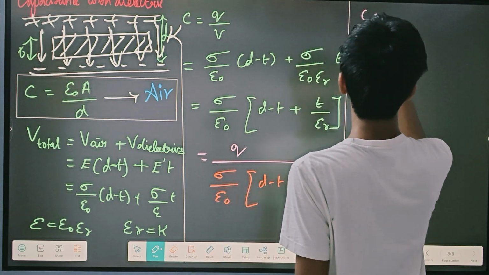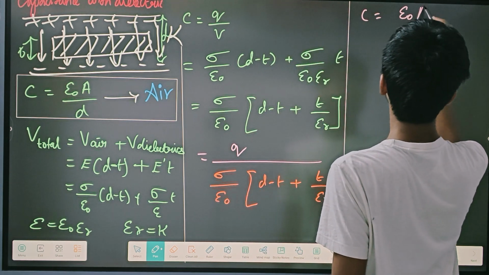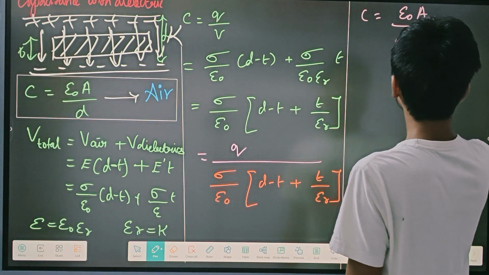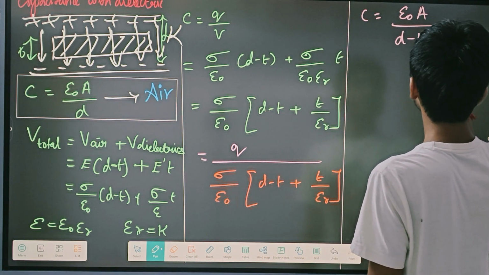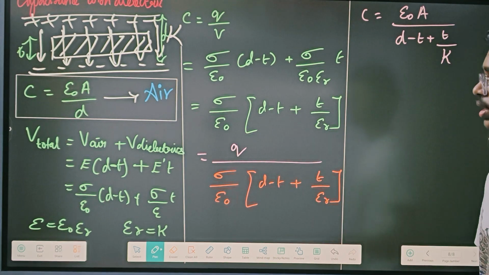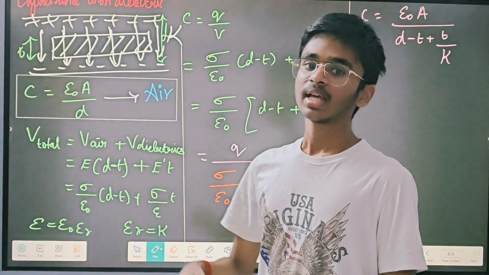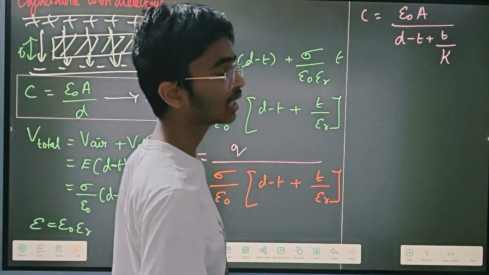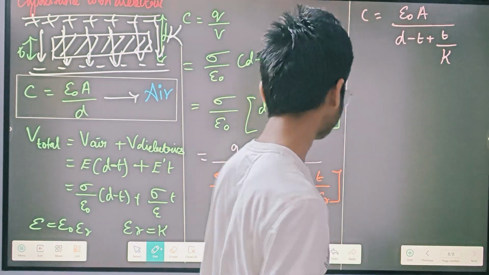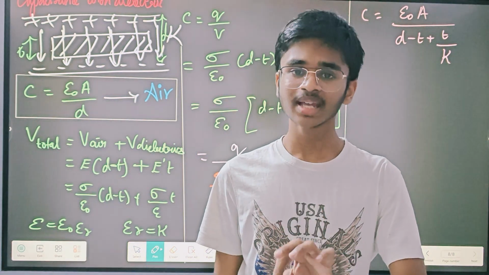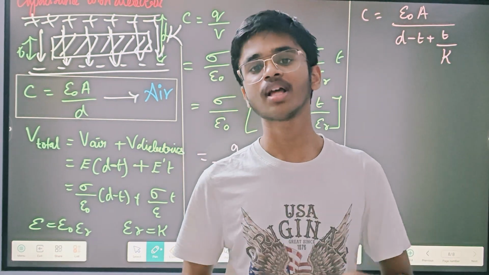So C is equal to epsilon naught A divided by d minus t plus t by k, or it can also be said as epsilon naught A over the denominator. When dielectric is present and also air is present, we will be using epsilon naught A. Epsilon naught by A is always constant when there are parallel capacitors.